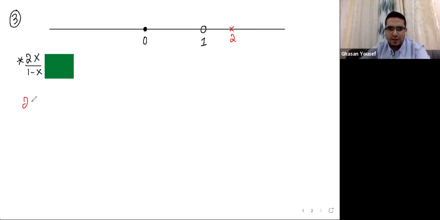So 2 times 2 over 1 minus 2. What is 2 times 2 here? 4. And 1 minus 2 is? Negative 1. Exactly.